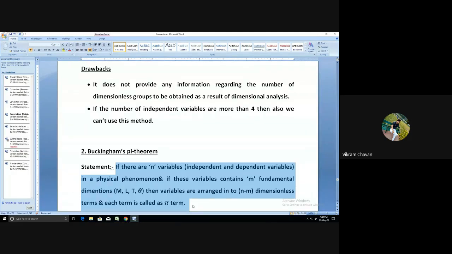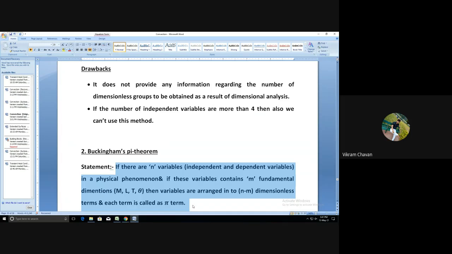But there are some drawbacks to that method. It does not give any hint about how many dimensionless numbers are included in that particular phenomenon. Also, in 2 to 3 examples, we came to know that after the fourth variable the method becomes ineffective or too complicated for calculation, and it will not provide the actual functionality of the equation.